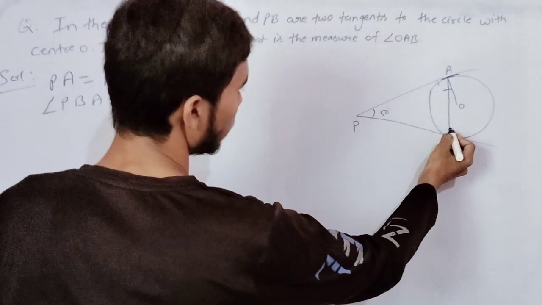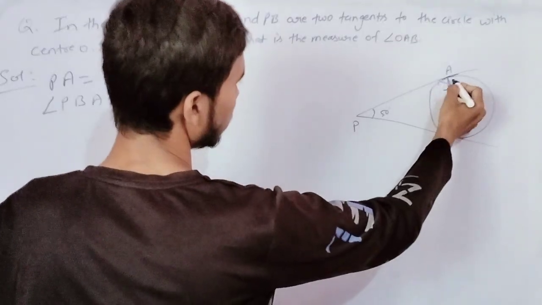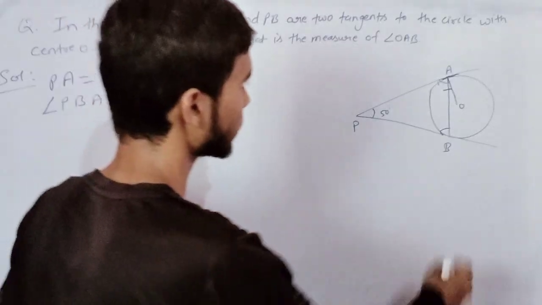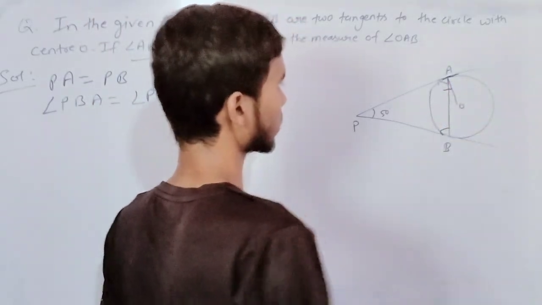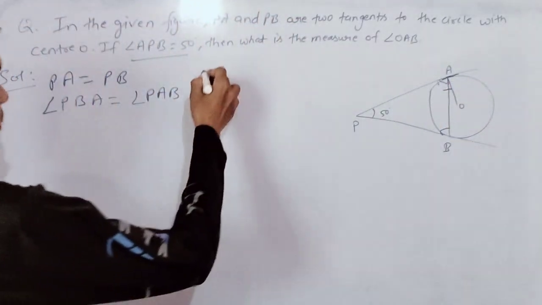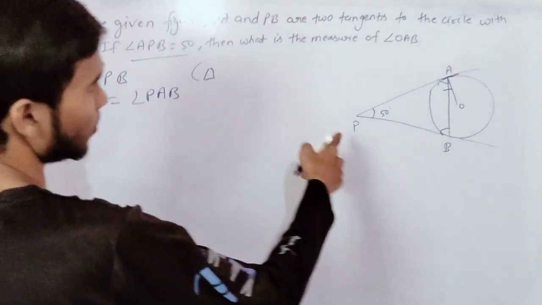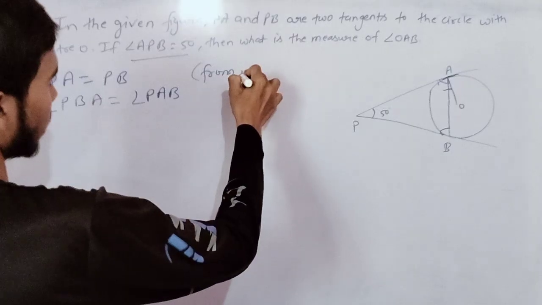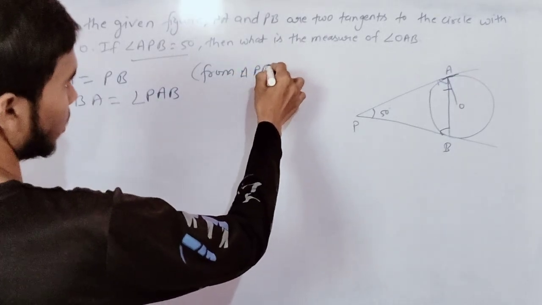Okay, this is equal to this. Clear? So we have a triangle, triangle PBA.